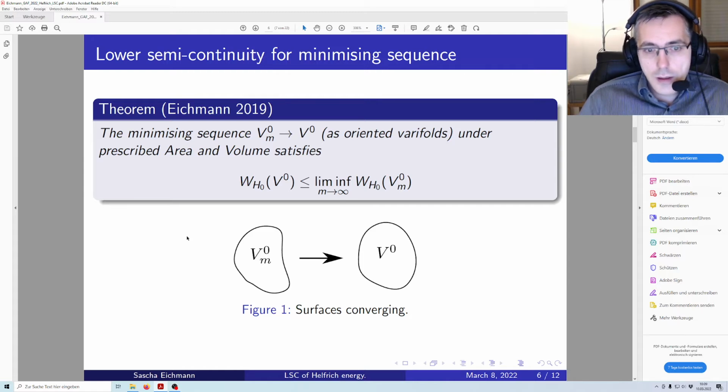So, okay, that would also mean that this V0 is kind of minimal.